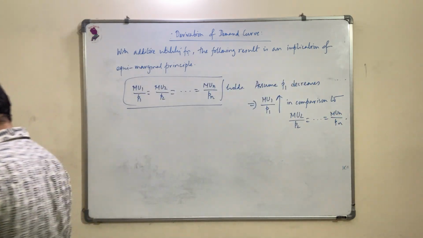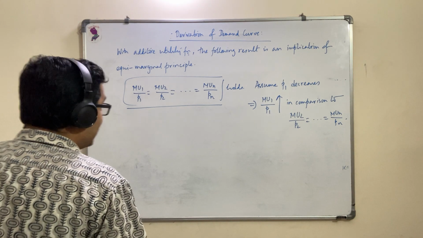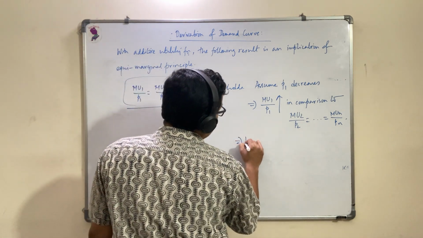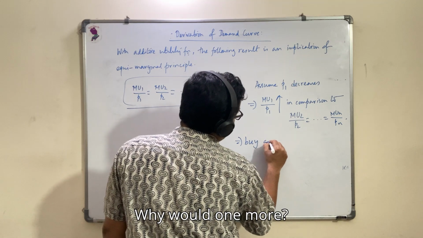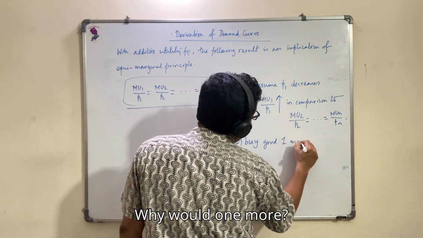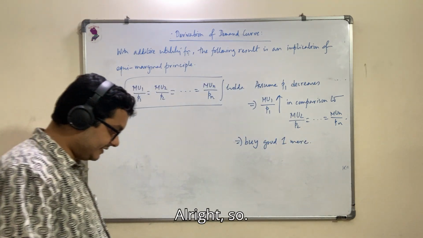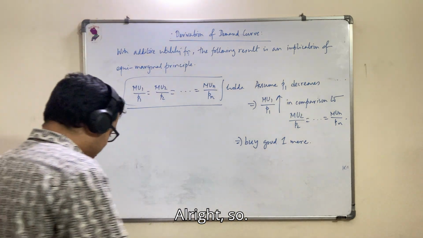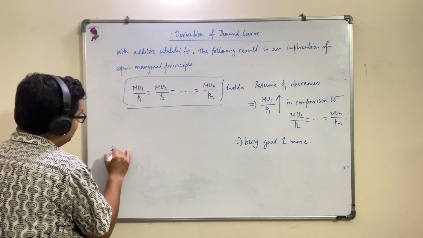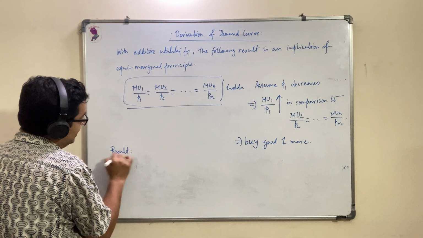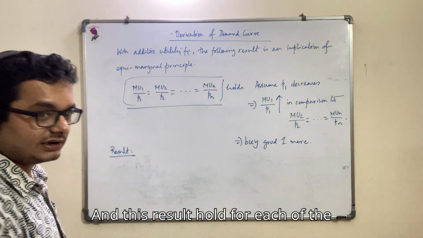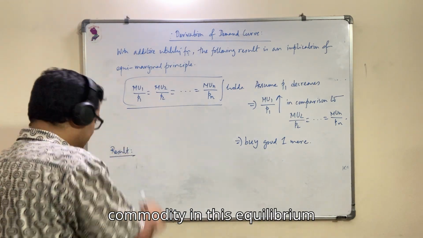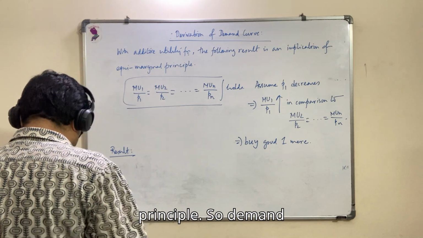Then again, this implies you would buy more of good 1. Alright? So, the result. And this result holds for each of the commodities in this equi-marginal principle.